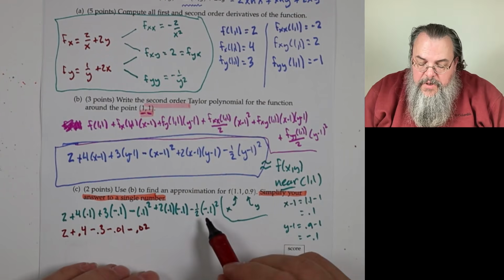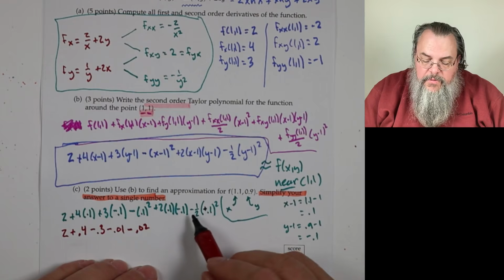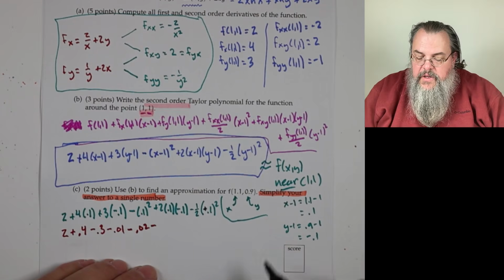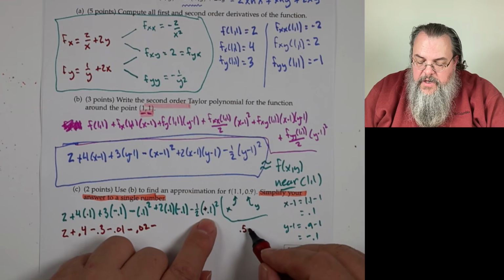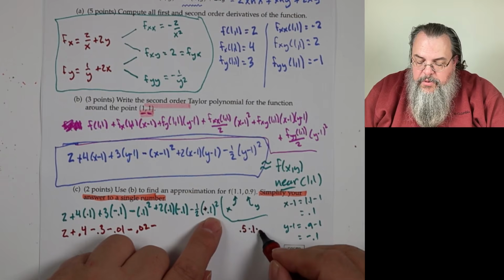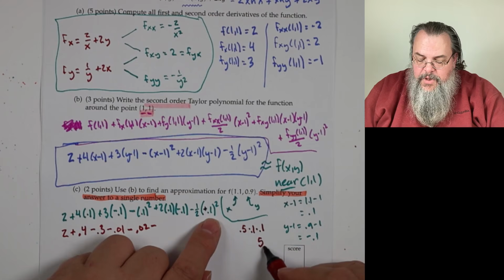And then we have this part. Now, the minus being squared is the same as positive being squared, so it's still a minus. I'm going to be really careful here. So this 1/2 is the same as 0.5. Then we have 0.5 times 0.1 times 0.1. Well, 5 times 1 times 1 is 5, but we need to move the decimal place 3 times.